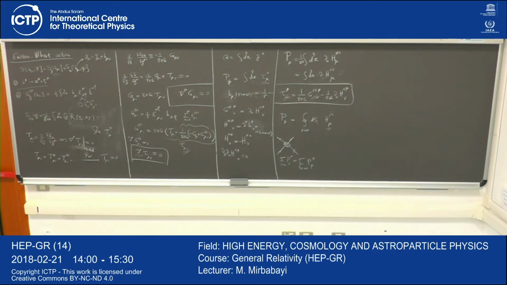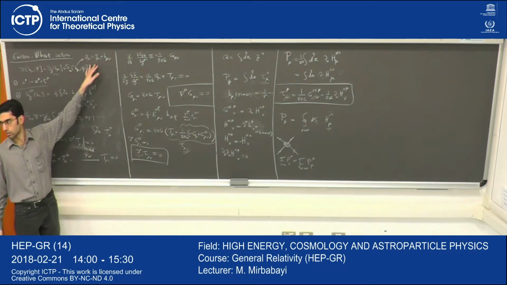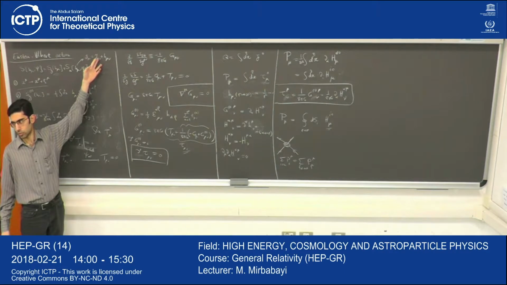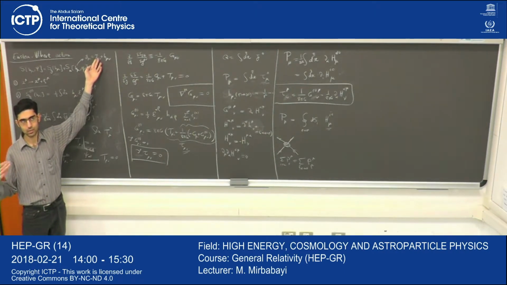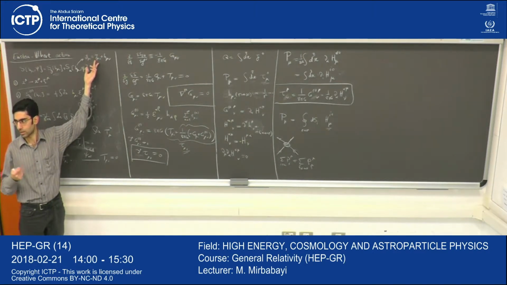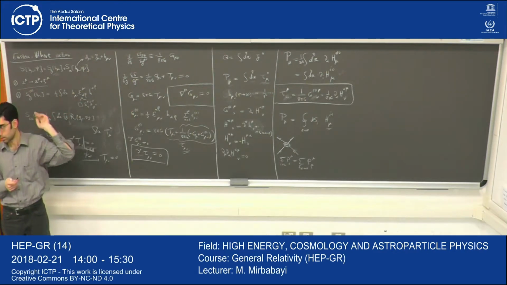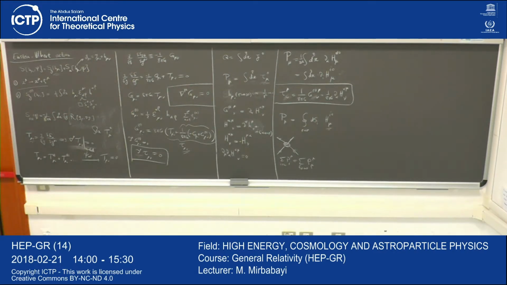I can write this asymptotic metric in this form, and by the assumption that it's asymptotically flat, h mu nu goes to 0. So I know how h mu nu behaves. I derive that, I plug it in. To find h mu nu, I don't have to assume in principle that h mu nu is small. Just take the difference between the full metric and the Minkowski metric and linearize whatever I get.